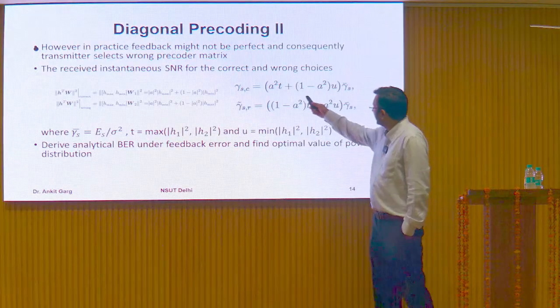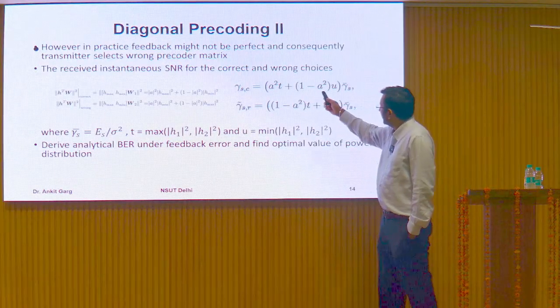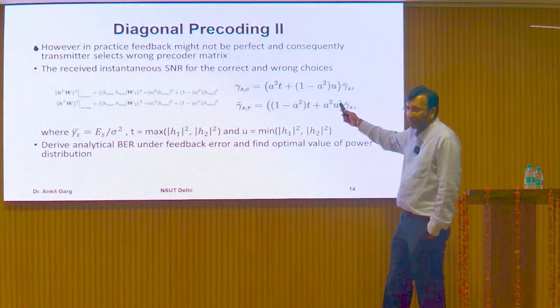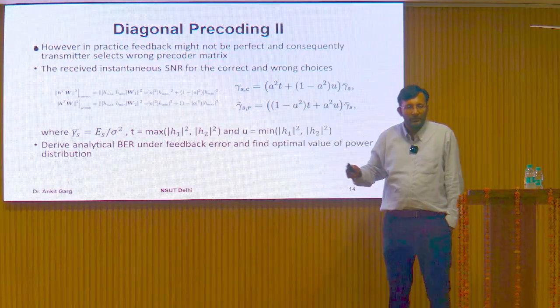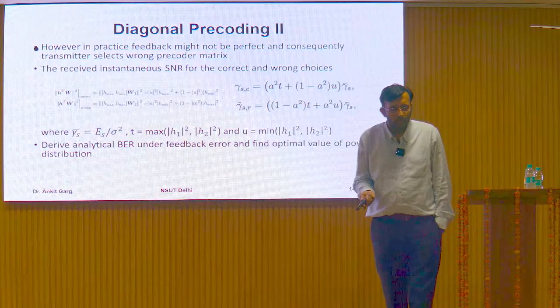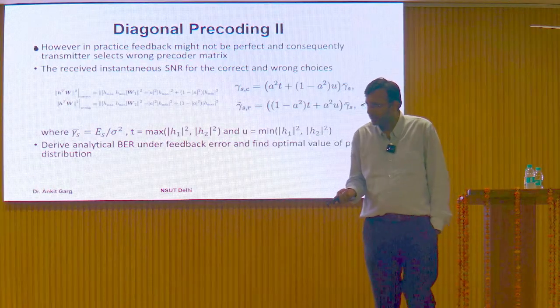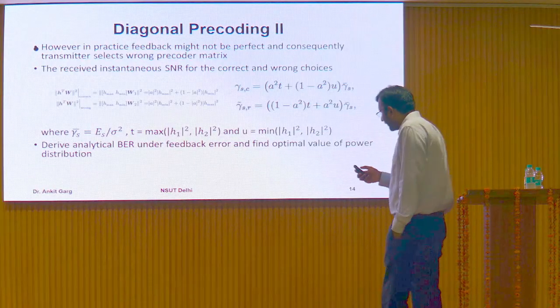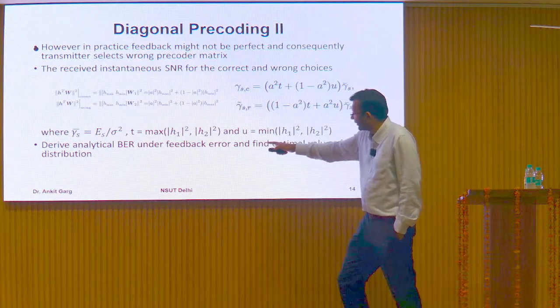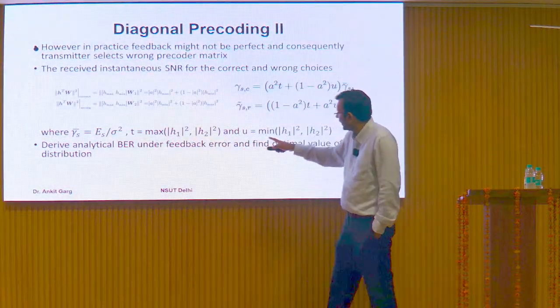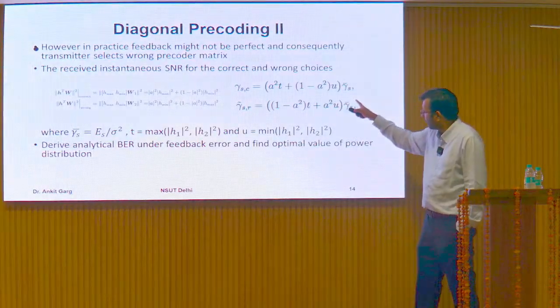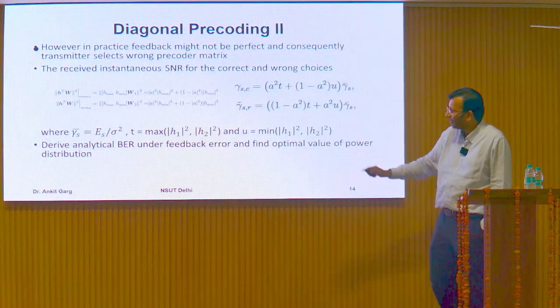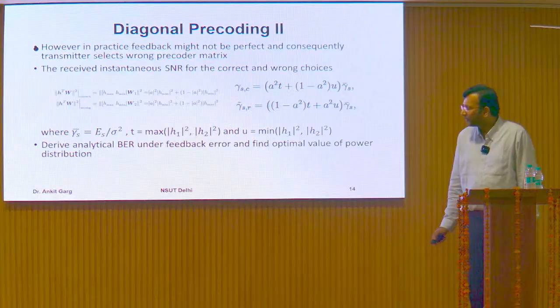Yes, you can see here A square, 1 minus A square, and second we have a reverse thing. Reverse means we selected a wrong precoder due to the corrupted feedback. Right? This T and U is just, as I have explained, max and minimum. Okay. To compress this expression, we use this kind of variables.